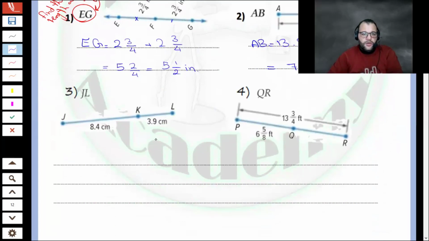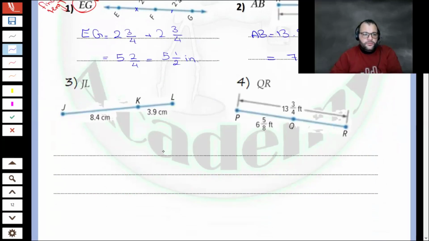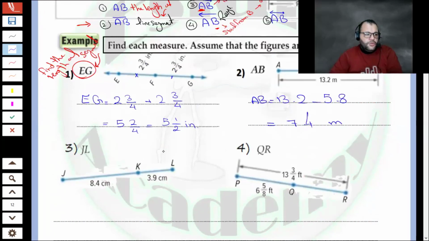Zaki, do you understand now what the idea of the lesson is? Did you get the idea? In question number 1, if it's in the straight line, we add. Now leave the straight line. What is required in the first one? EG, which is this part. Do you need the largest part or the small parts?